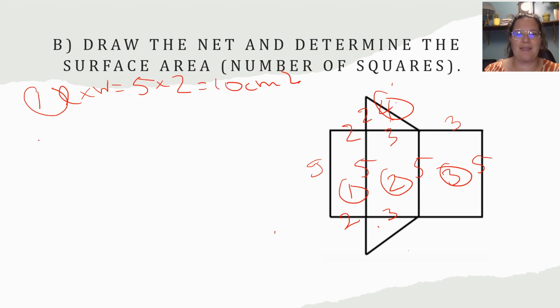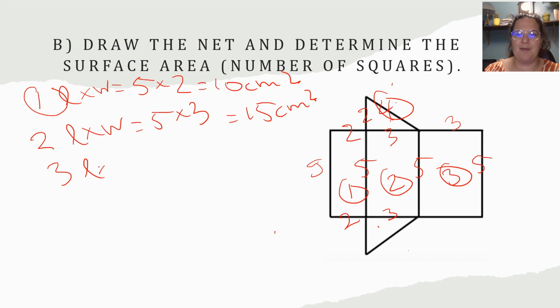The area of our second section is length times width, or 5 times 3, 15 centimeters squared. Section 3 is also length times width, 5 times 3, or 15 centimeters squared.